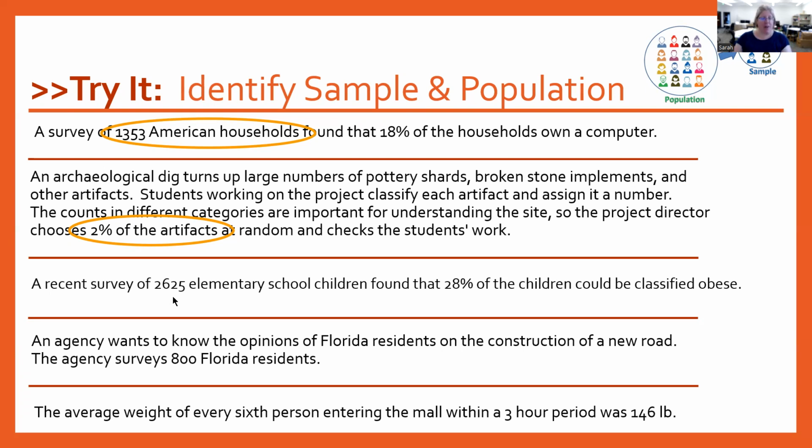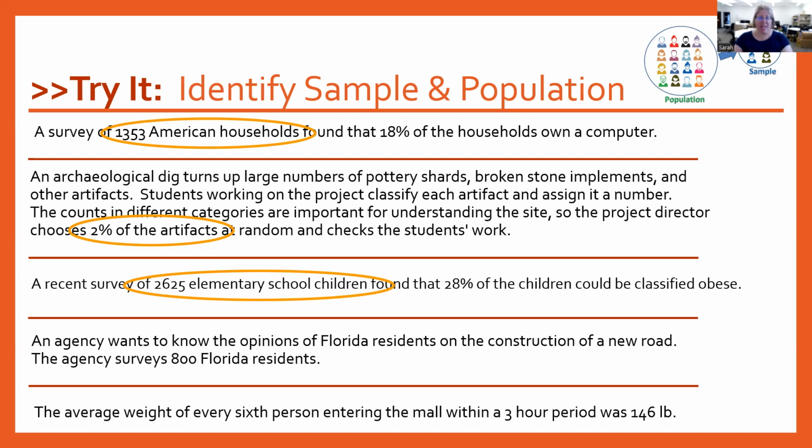Right, the third one: a recent survey of 2,625 elementary school children found that 28% of the children could be classified obese. Our sample is what's stated in the problem, the 2,625 elementary school kids. That 28% is also a statistic because it's calculated from our sample.